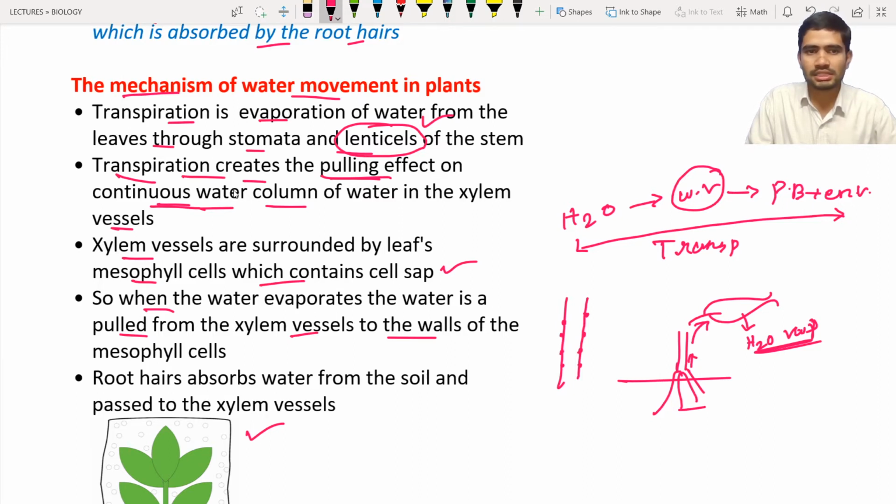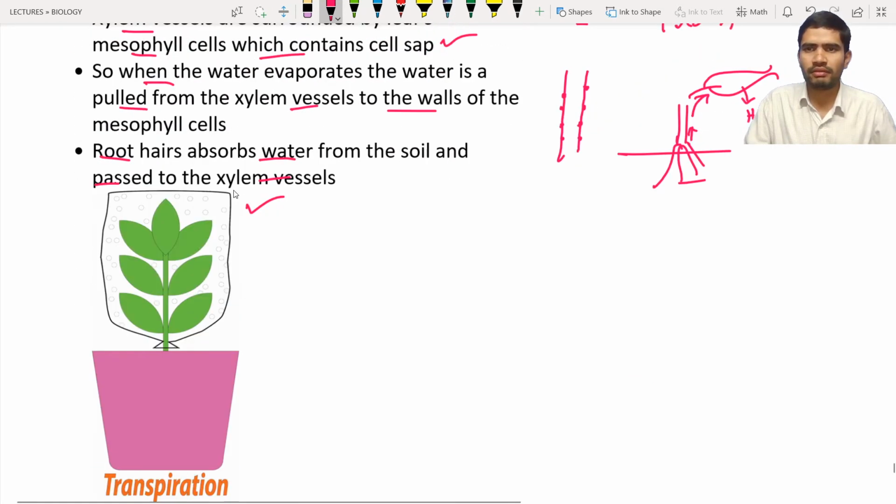As a result, the root hairs are going to absorb water from the soil and pass it to the xylem vessels. In this way we can confirm that not only root pressure but also transpiration in the plants, both are going to help in the continuous movement of water in the plant.